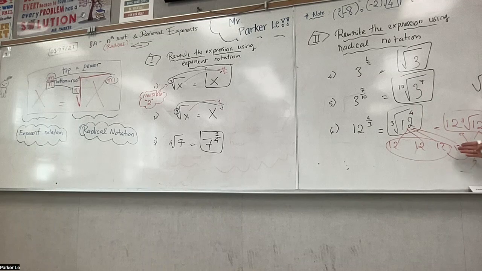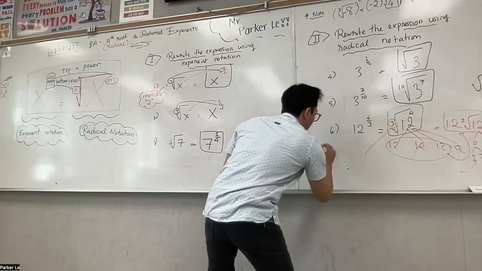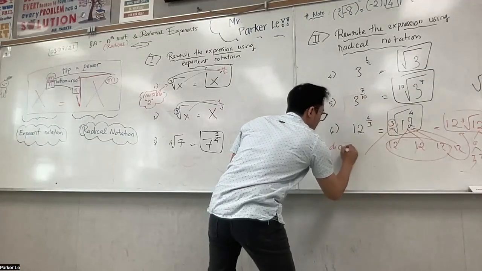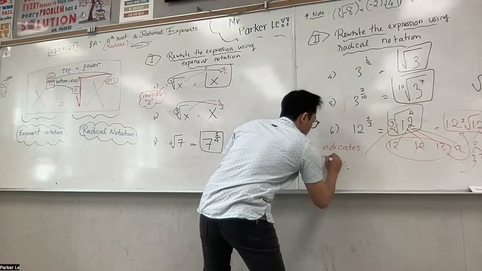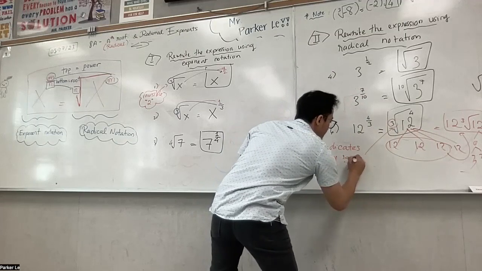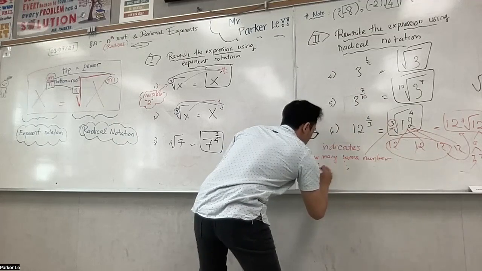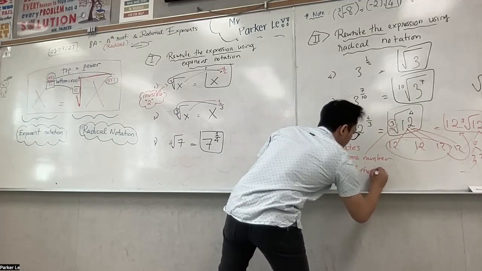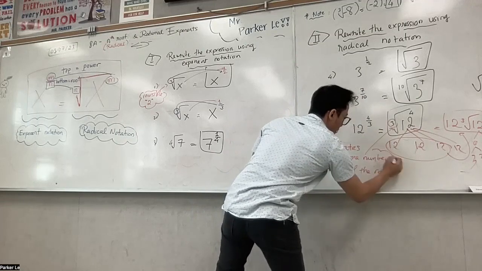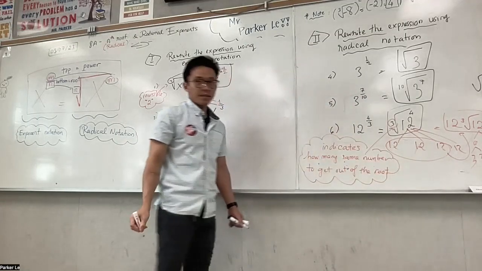All right. Next step. You look at the power of the root. The power of the root indicates how many same numbers to get out of the root. Maybe write that down.